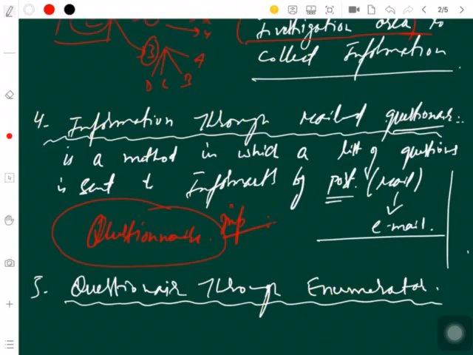I think this is the most suitable one where the field of investigation is wide, or the investigation needs specialized or skilled investigators, or you have to ask a few questions that must go in a scientific manner.